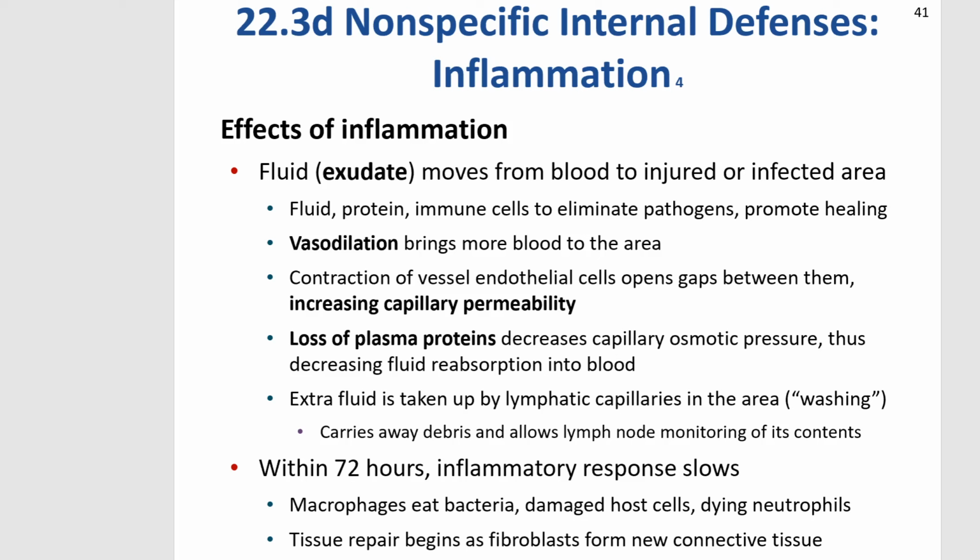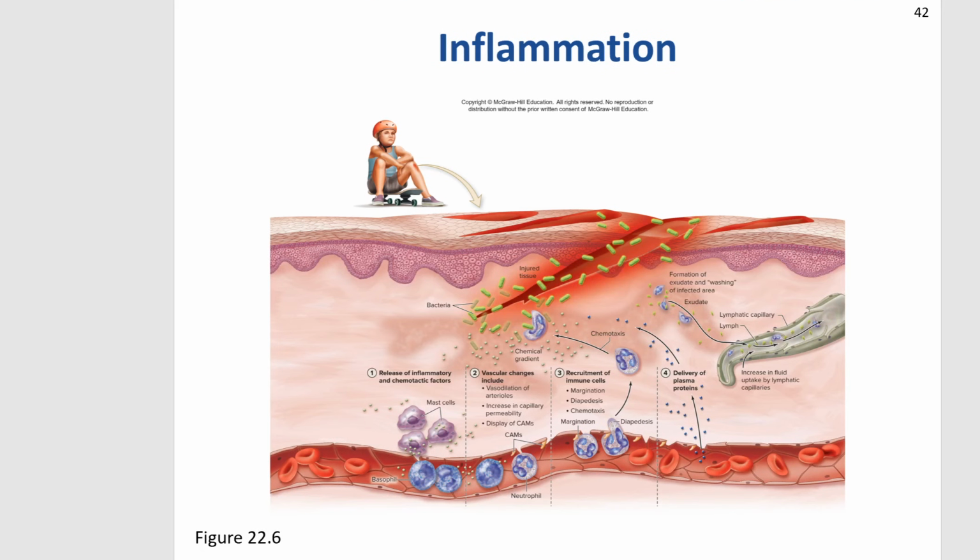Fluid moves from the blood to the infected area because the cells have to get through, and it lets a lot of fluid out. This causes edema or swelling. Vasodilation occurs, brings more blood to the area. So inflammation, here we go.